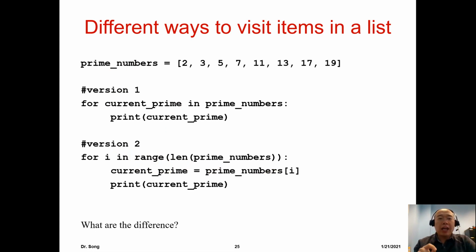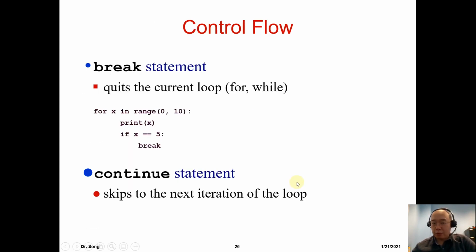But this i is the index. So you have to do current prime equals the prime numbers with the square bracket i. So what's the difference? The first one is of course easier. However, if you want to have control or have the information about the corresponding indexes, then you may have to use the second way.